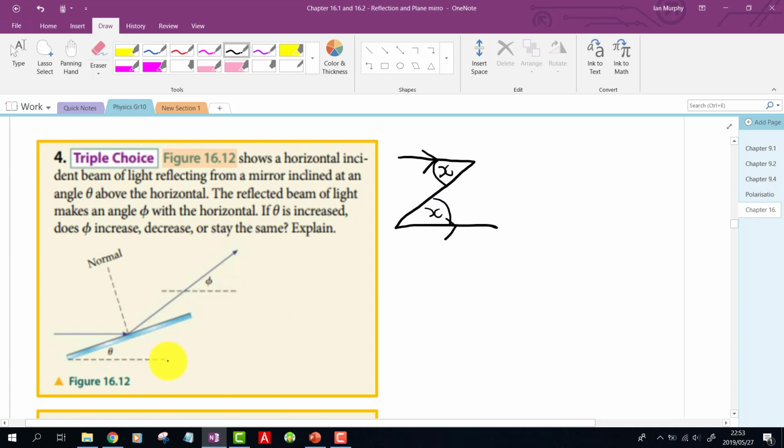We can use that same rule here. This dotted line represents the horizontal, so I'm going to draw an arrow on that, and this ray is coming in on the horizontal as it said in the question. Let me get a highlighter, and we have our Z figure as indicated there. That shows us that if this angle is theta, that angle will also be theta. So those two angles are the same.